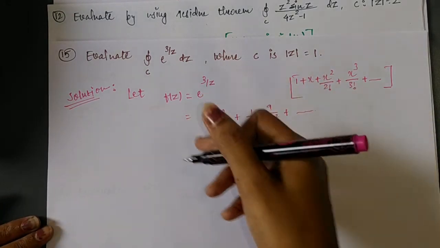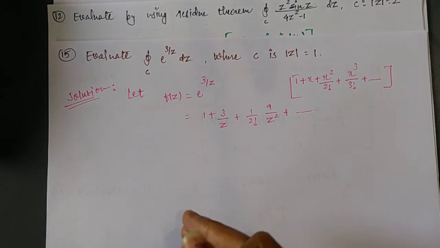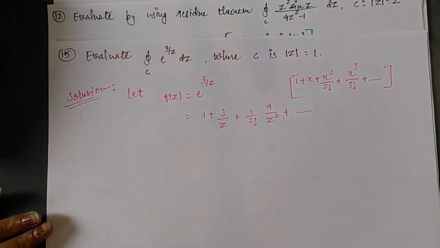For this kind of series, the method of finding the residue will be changed, and this one will be the same as type 1.